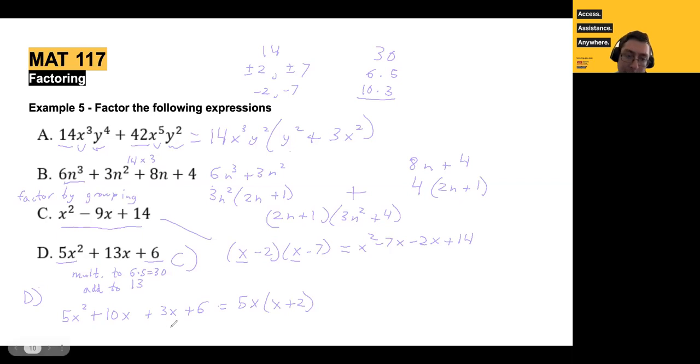And can we get an x plus 2 from this? Luckily we can when we factor out a 3. And we combine them just like we did in part B, where x plus 2 multiplies both the 5x and 3. So we just add 5x and 3 together right here. And that's how part D would be factored.